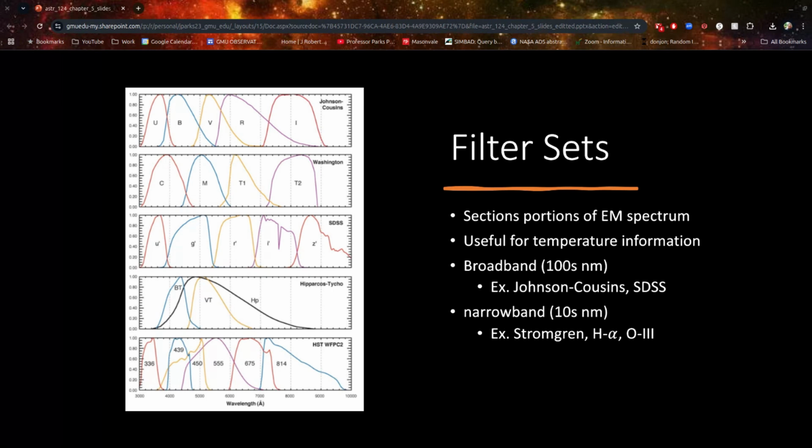And then you have narrowband filter systems or filters. Strömgren is the most common that I'm aware of. That is a complete filter set. H alpha is a filter which specifically looks at the H alpha emission line of hydrogen. And then O3 is the emission line from doubly ionized oxygen, or at least one of the lines from doubly ionized oxygen.